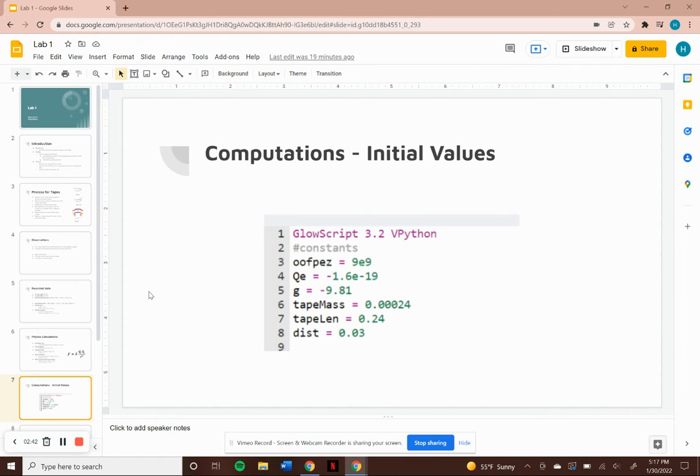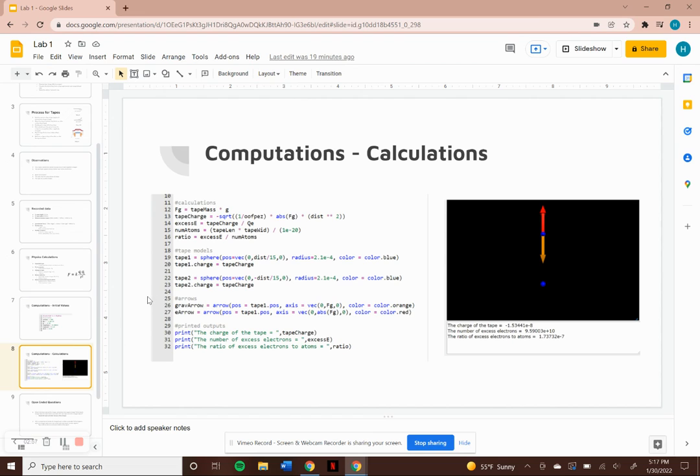So for our computations of the code, we have to set initial values. We have the K value, the charge of an electron, the gravitational constant, the mass of the tape, the length of the tape, and the distance between the tapes. And for our calculations, we will do all of the calculations shown before, such as the tape charge, the excess electrons, the number of atoms, and the ratio.